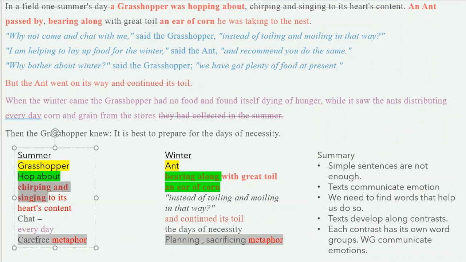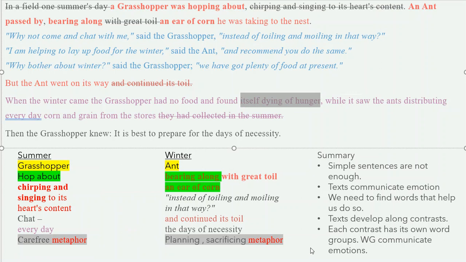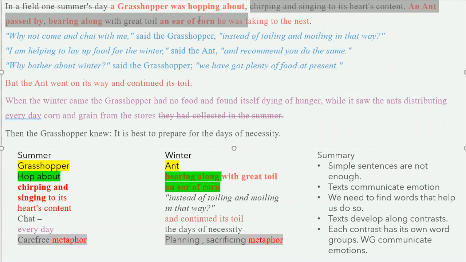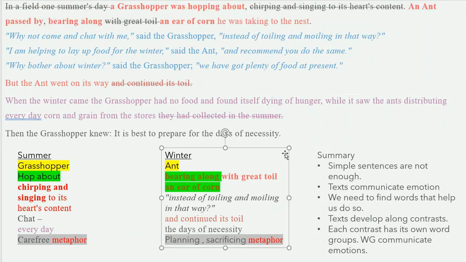So when you're chirping and singing and hopping around, you die of hunger. So texts can be just made up of simple sentences, but then you miss on those word groups that communicate the meaning of the contrast that a text is setting up.